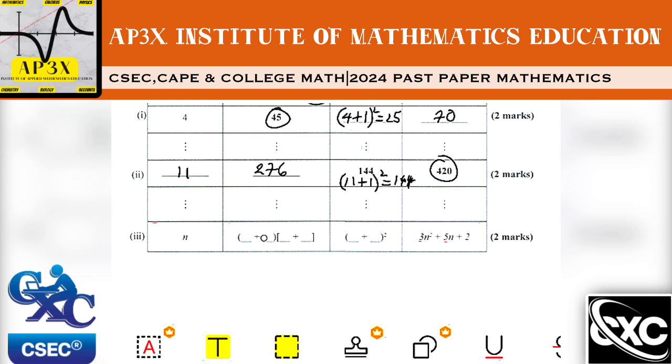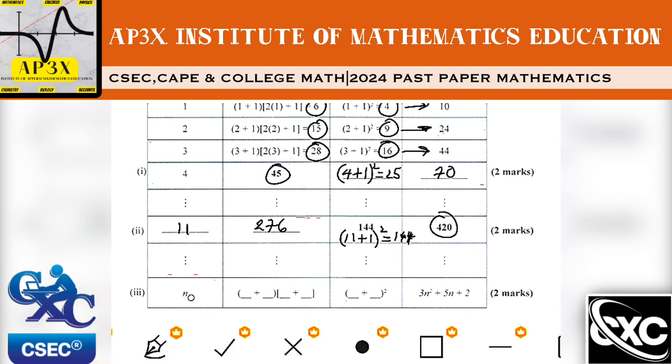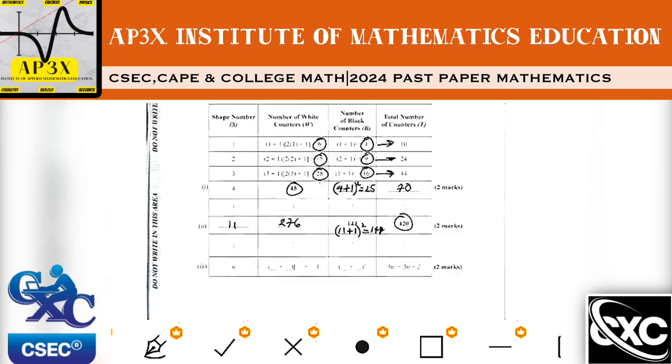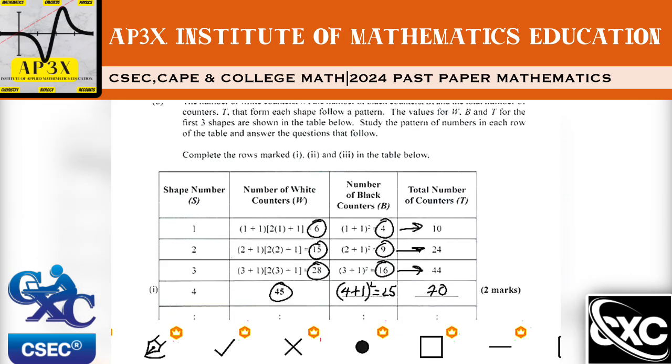All right, and now we have to figure out, this is the most challenging part that I've seen in these types of questions that CSEC sends across. You have to figure out the pattern of the equation using n. N is what we're going to be using. Here n is representing the shape number.